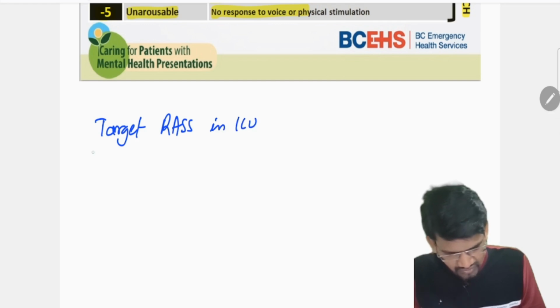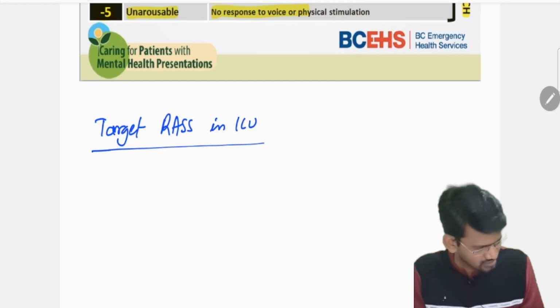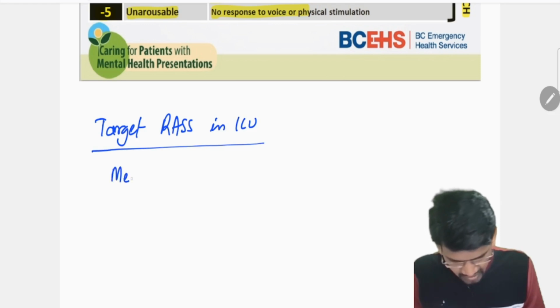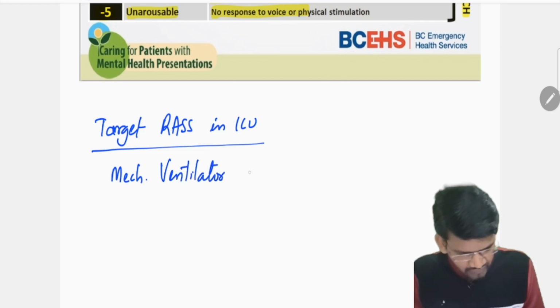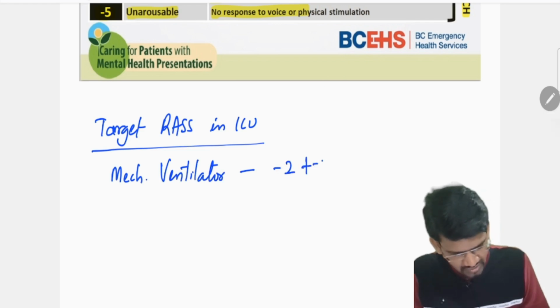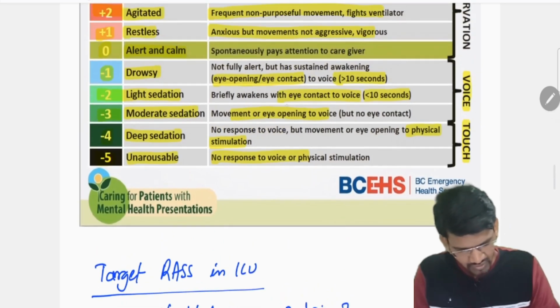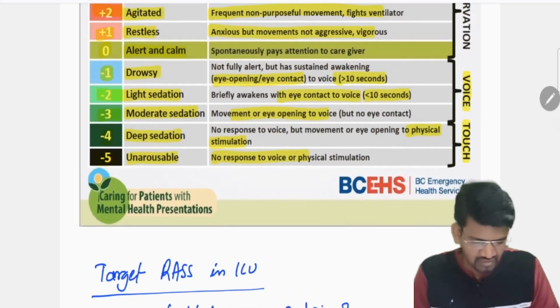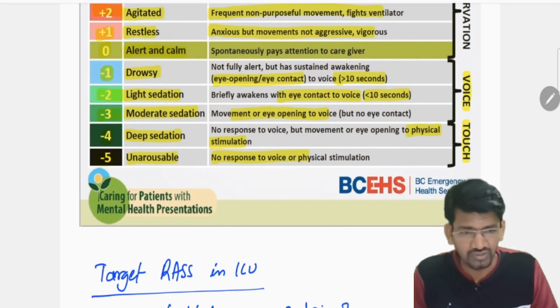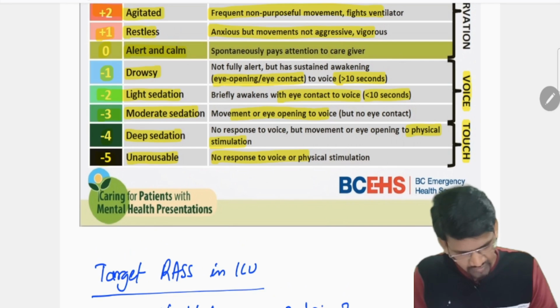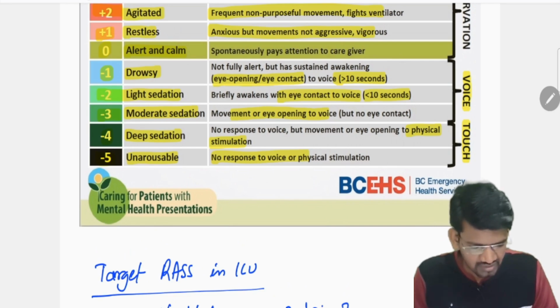See here, if the patient is on a mechanical ventilator, your ideal RASS score should be between -2 and -3. -2 to -3 means the patient should at least open his eyes to your voice, or at least maintain eye contact.